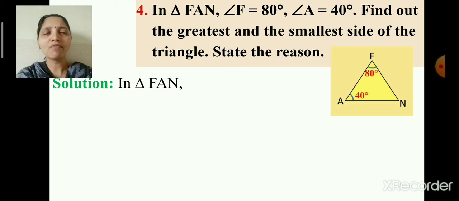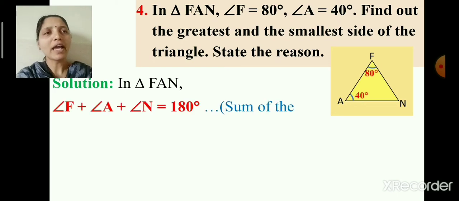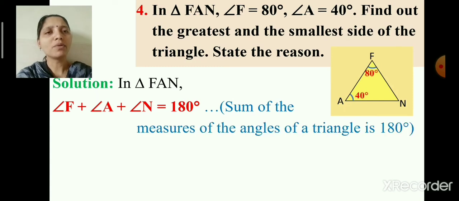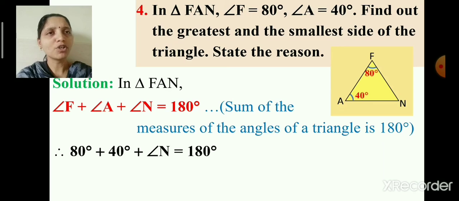In triangle FAN, angle F plus angle A plus angle N is equal to 180 degrees. Reason you will write as sum of the measures of the angles of a triangle is 180 degrees. Now substitute the values. Angle F is 80 degrees and angle A is 40 degrees.